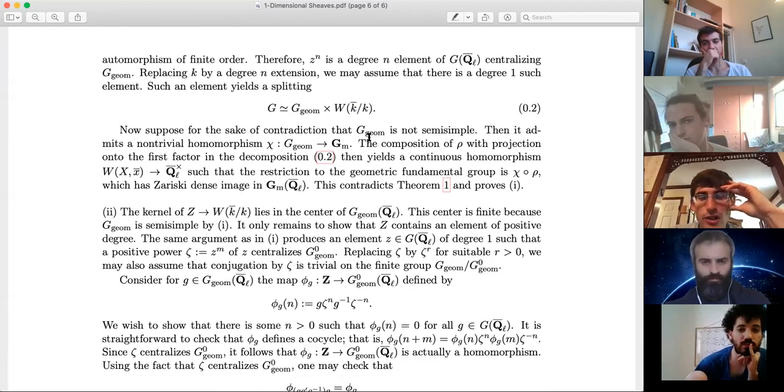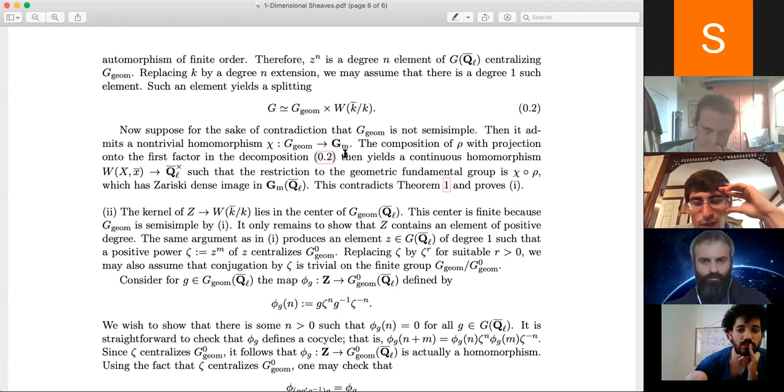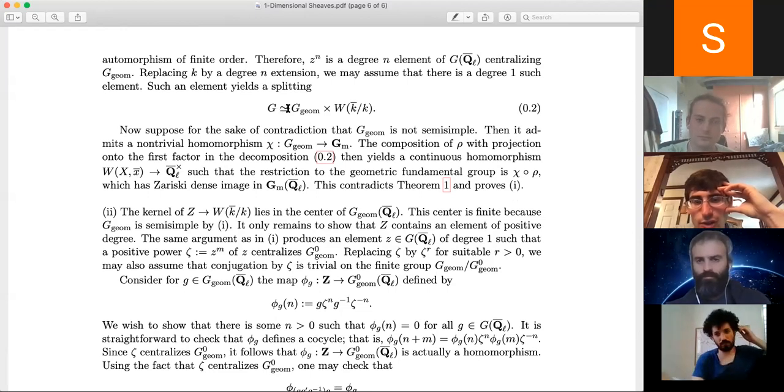Okay, and so the point was, we want to show the geometric monodromy is semi-simple. To say it's not semi-simple exactly says that there's this non-trivial character. So if I have the Weil group, I can map it via rho, I have this representation. So that lands the Weil group inside G, and then I have this projection to the geometric monodromy, okay?